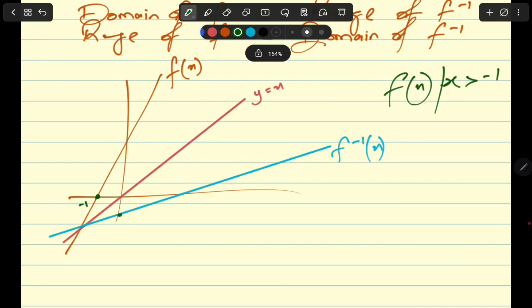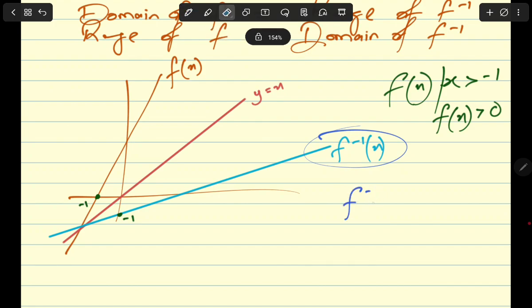Now, this becomes -1 when we inverse it, and for this the range of f of x was greater than 0, right? Now, as you can see, once this graph was reflected on the line y equals x in order to produce the corresponding f inverse function, what is the domain of f inverse of x?